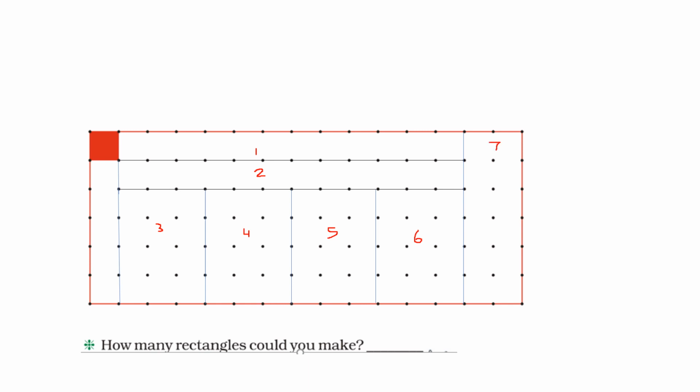Let's count how many squares are inside the third, fourth, fifth, and sixth. Here 1, 2, 3, 4, 5, 6, 7, 8, 9, 10, 11, 12. So we got 12 squares, right? So this is the third one. Again, 1 to 12.